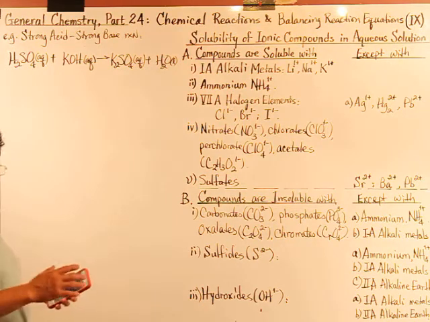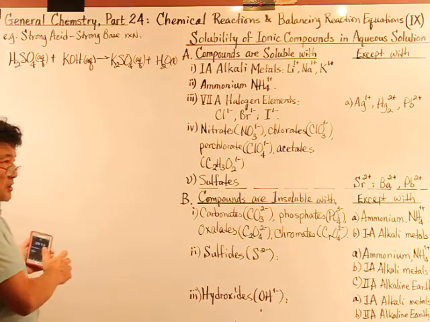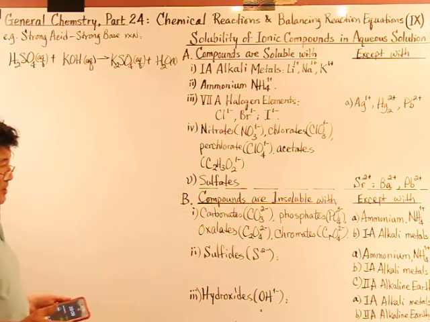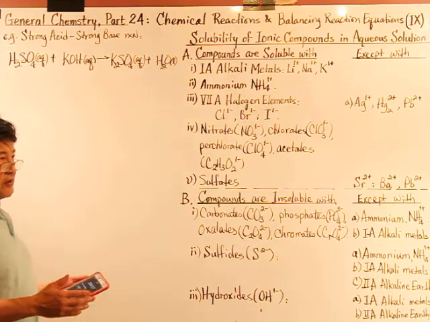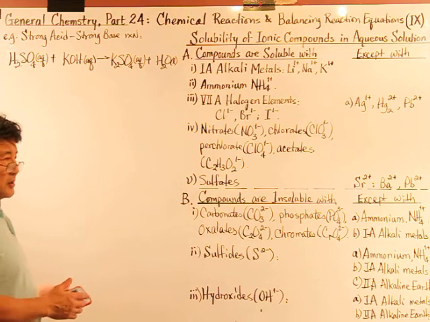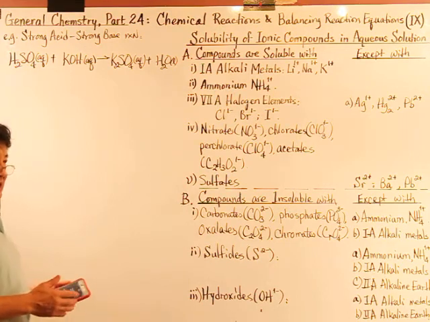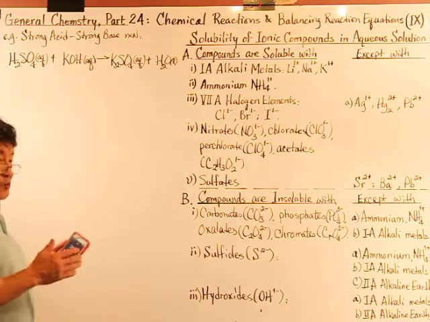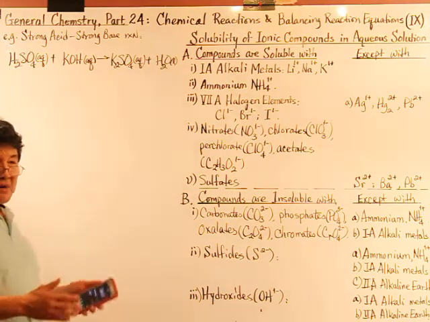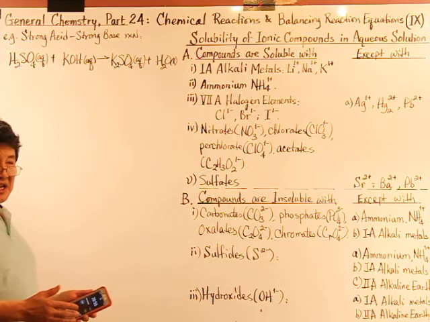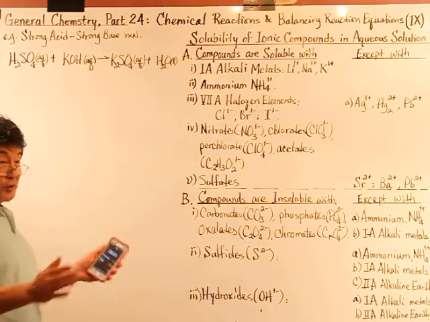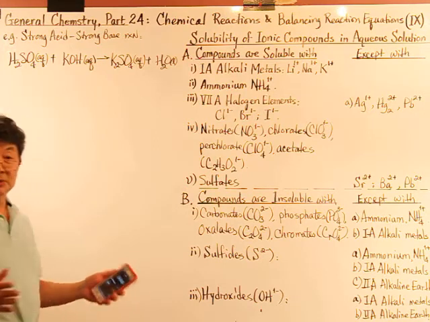Now there's a dispute about whether sulfuric acid is a strong acid or not, but it's very ionic. Sulfuric acid, nitric acid, and hydrochloric acid are the three most commonly used strong acids in any chemistry lab. It doesn't matter whether you're teaching or doing research.